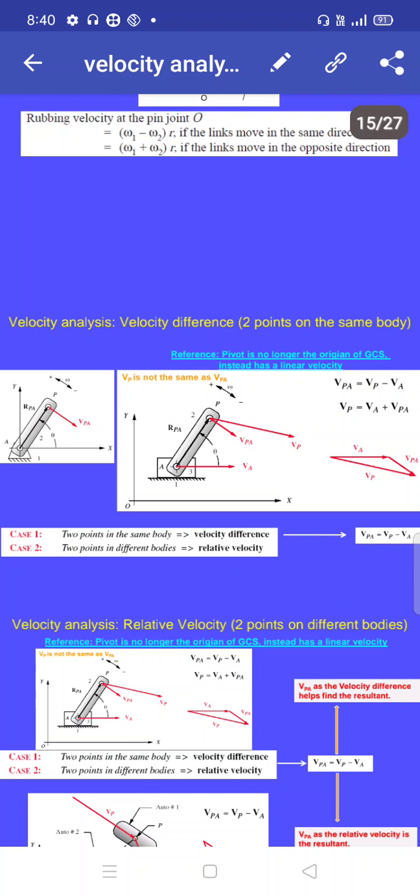Case 1, two points in the same body: velocity difference, that is VPA is equal to VP minus VA. Case 2, two points in different bodies: relative velocity.